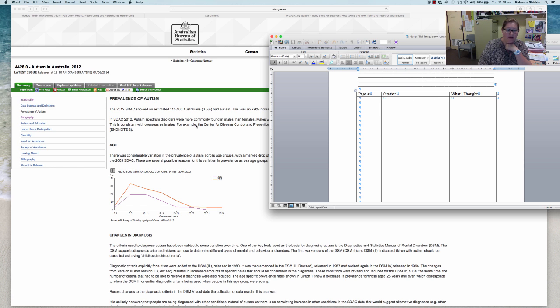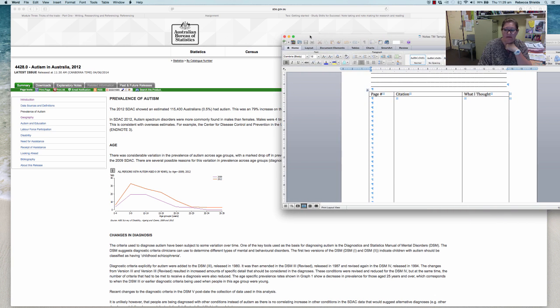Okay, so I might say the 2012 SDAC showed an estimated 115,400 Australians, or 0.5%, had autism. I would then put a thought next to that about what I thought. Like, that's a huge percentage of the population that has autism.